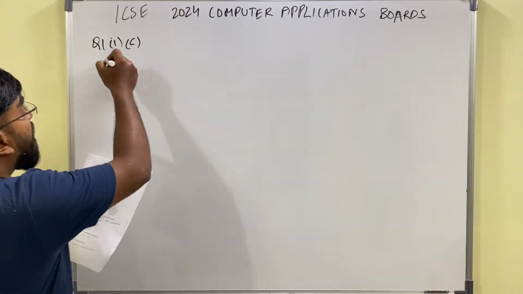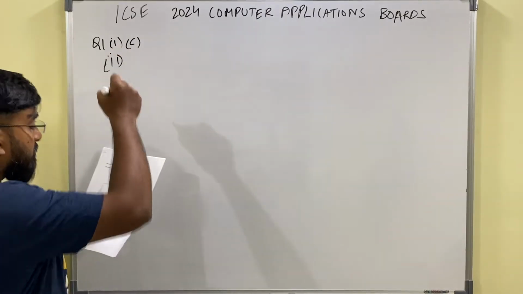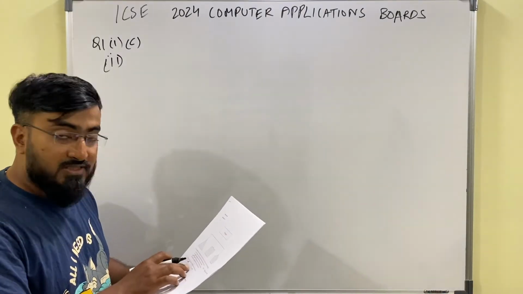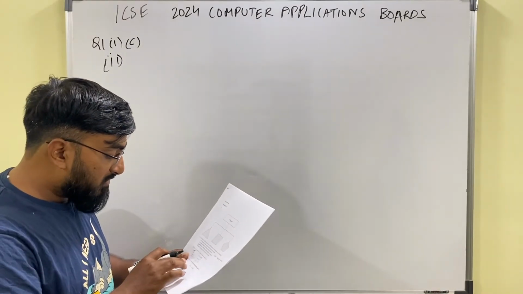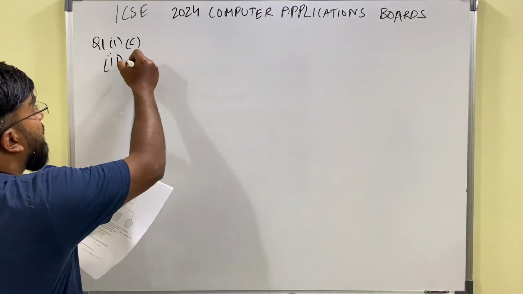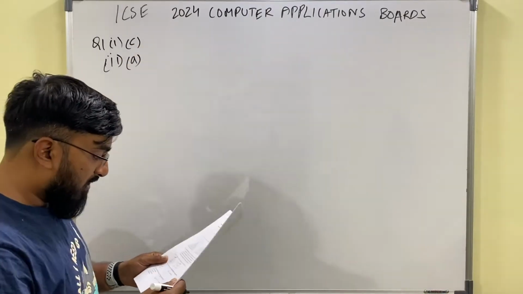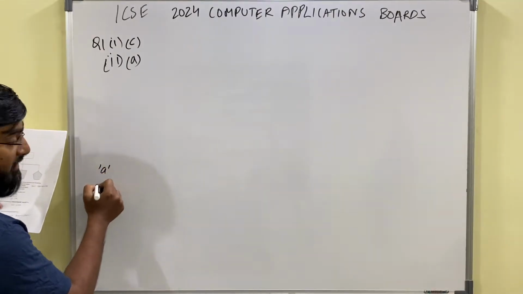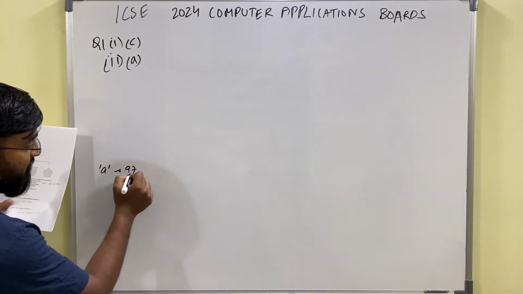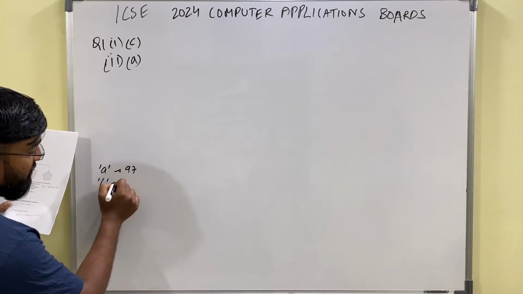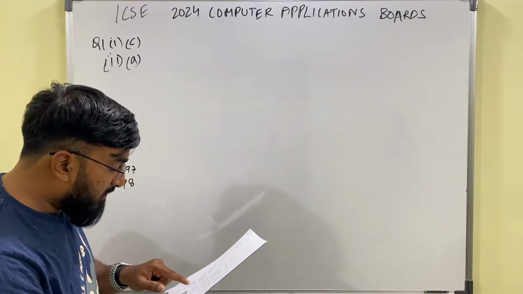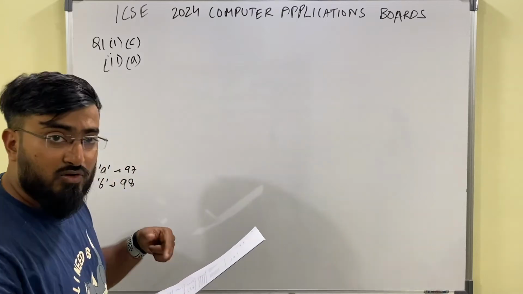Then we move on to the next part, which is part 2. You have x equal to 98, cast ch is, this is explicit type casting. What is the value of ch? It is going to be lowercase b, right? Because the ASCII value of lowercase a is 97, so the ASCII value of lowercase b is going to be 98. In this explicit type casting, the integer part is converted to the corresponding character.